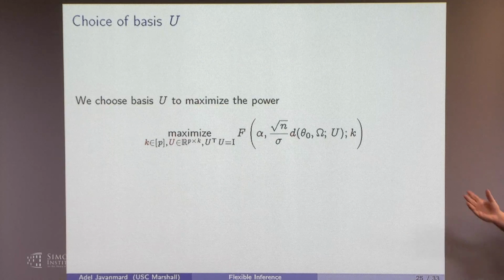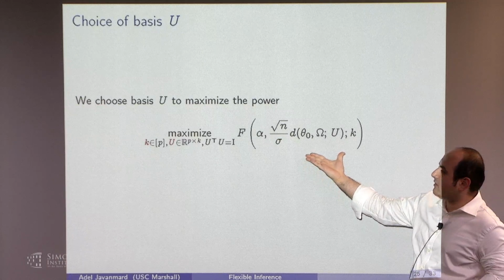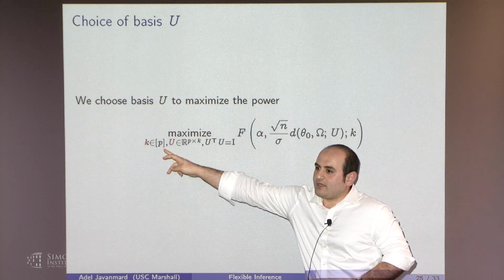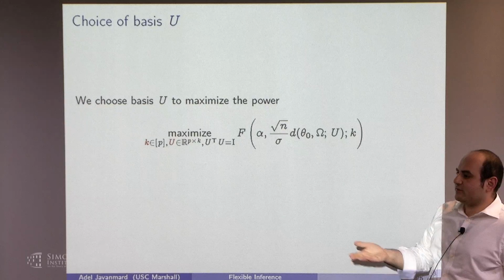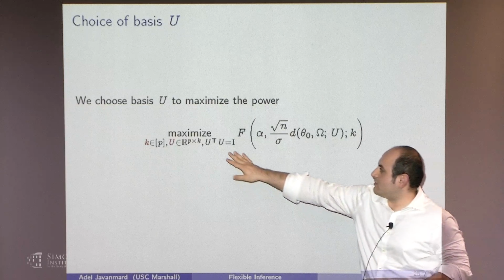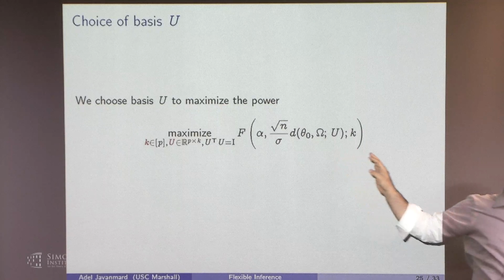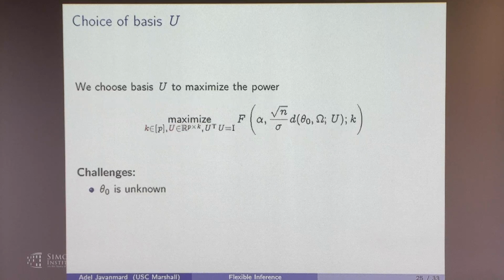Now, the choice of this basis U would be basically: I want to optimize this power over k. k could be any number between 1 and p, and U is any basis for the k-dimensional space. So this is just saying that it's a basis, and I want to optimize this one. Okay. Now, can I optimize this? The first problem is that I don't know what theta 0 is.